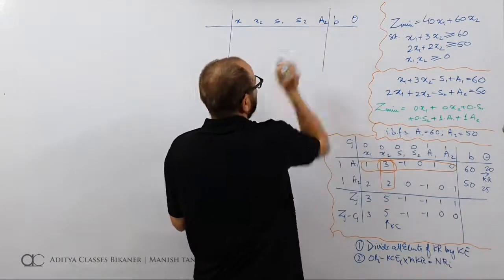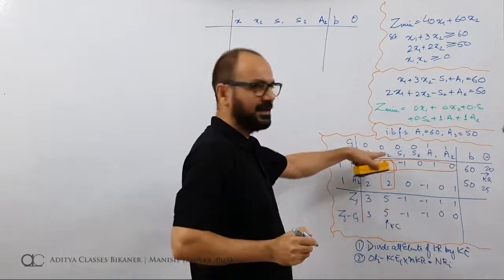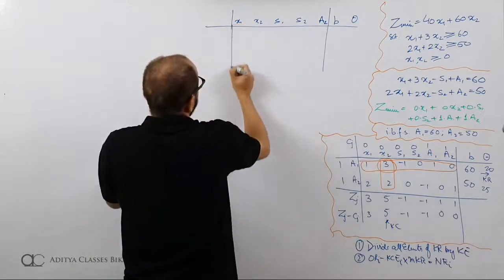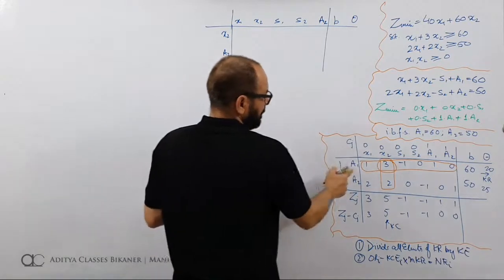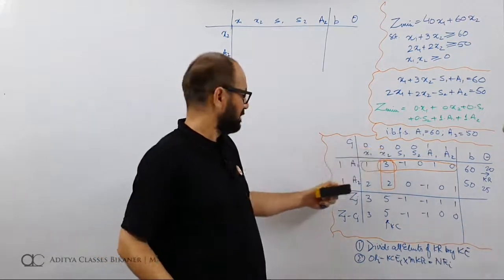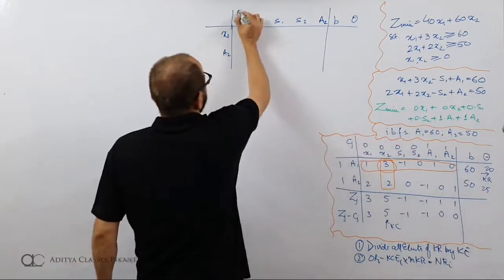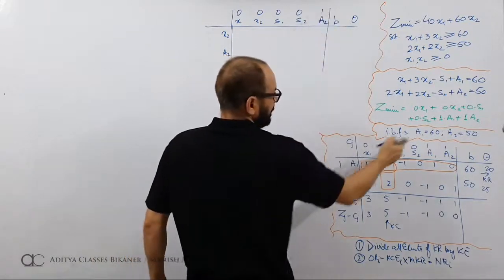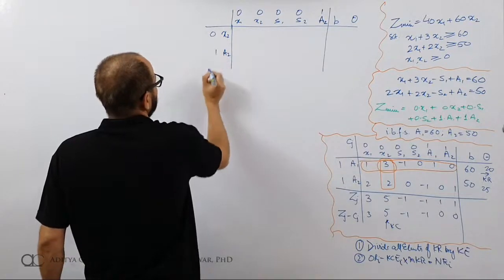I'll directly be talking about a2. And a1 is moving out, and who is moving in? x2. So a1 has been replaced by x2, and then a2 is intact. What are the contributions? We have 0, 0 for all variables, and artificial are having 1. x2 contribution is 0, artificial variable is 1.